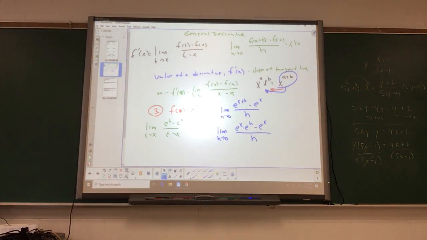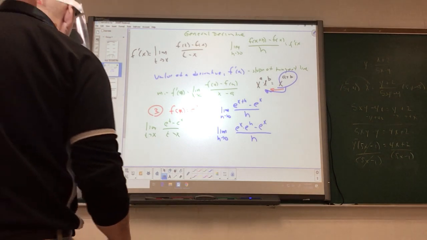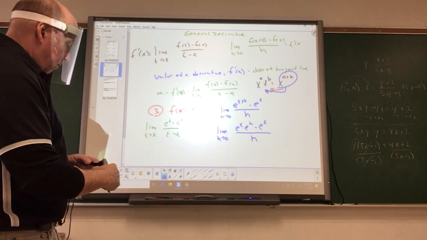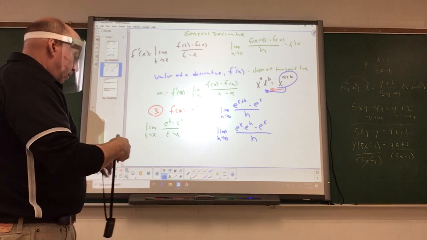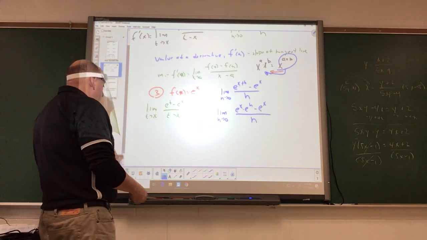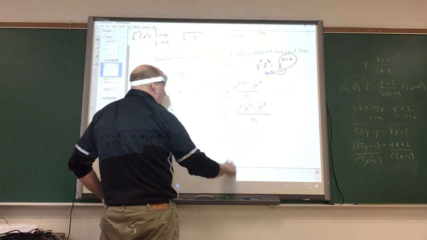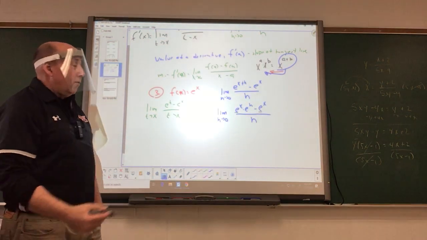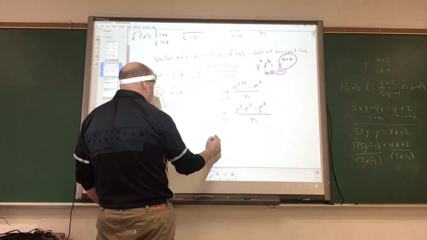Now if we look at our numerator, we have a common factor that we could take out. That common factor is e to the x. So we can factor out that e to the x.